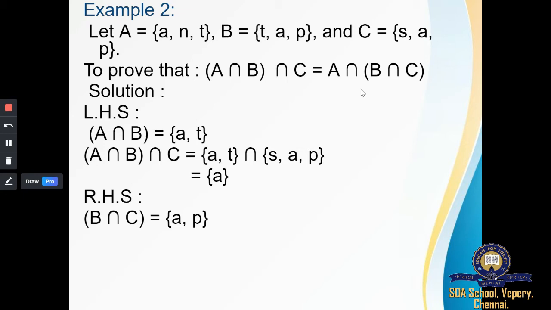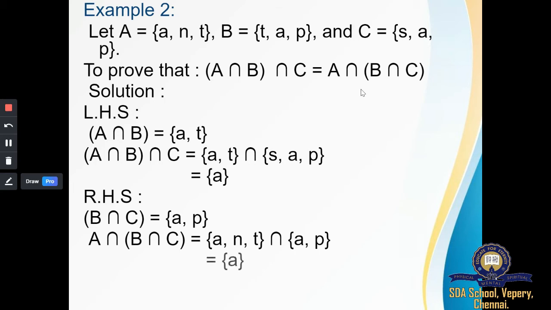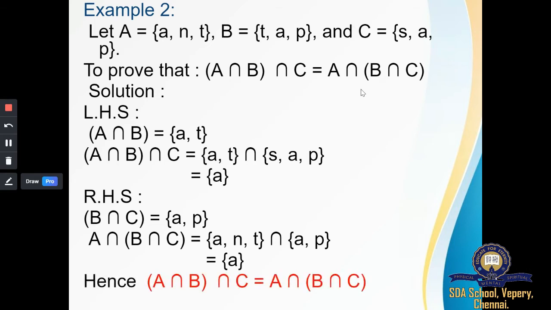Right now, I have to do the intersection of this with A. So if I do the intersection of this with A, what will I get back? Again, I'll get back my element A. So if you see carefully, my LHS part is equal to my RHS part. Yes. So I have also proved that the intersection of three sets is also associative.